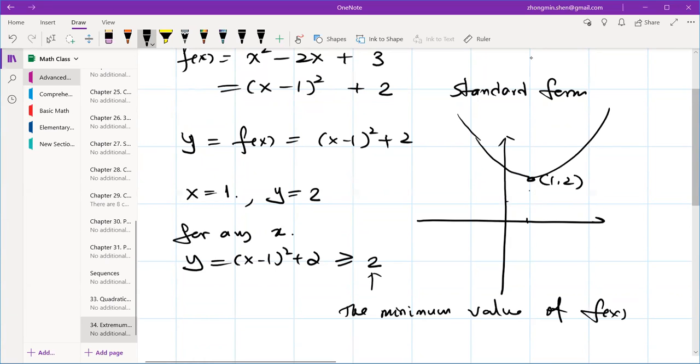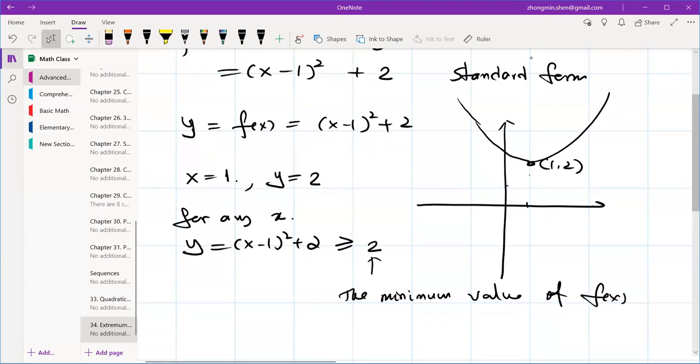When you look at this graph, because the graph opens upward and does not have an x-intercept, clearly there are no roots for this function, no x-intercept here. But you can also find the y-intercept. That number is going to be 3, okay? Because when x equals 0, it's (negative 1) squared plus 2, so it's going to be 3, okay?